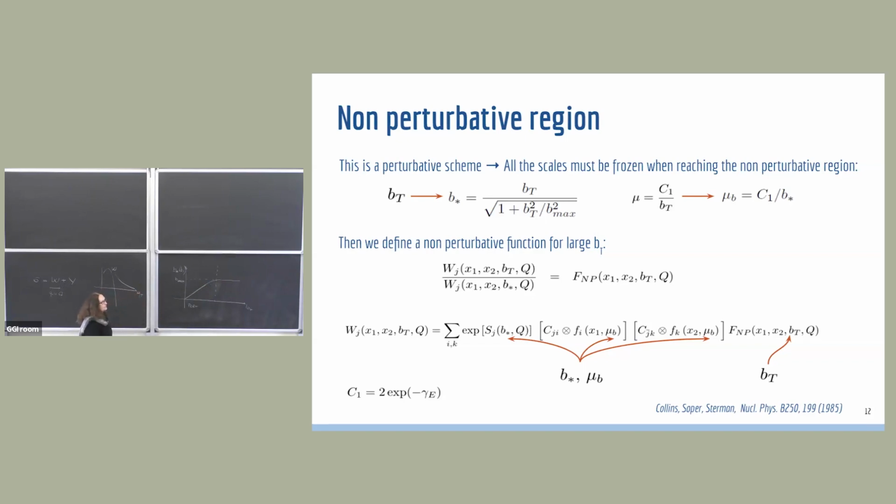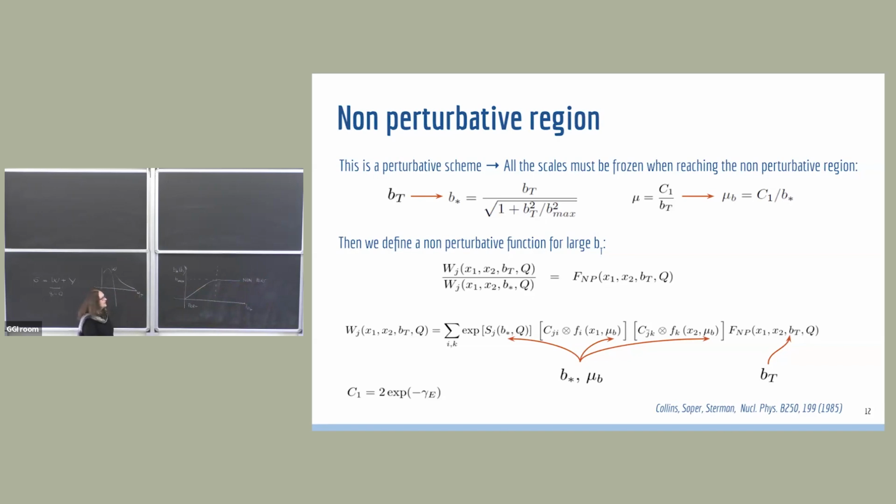And now look what you do. Well, this is pretty simple. You take your W term, which is devised to work well here, where you are non-perturbative, and you divide it out by the W term computed at b*. So this is the W term which is guaranteed to work in the perturbative region.